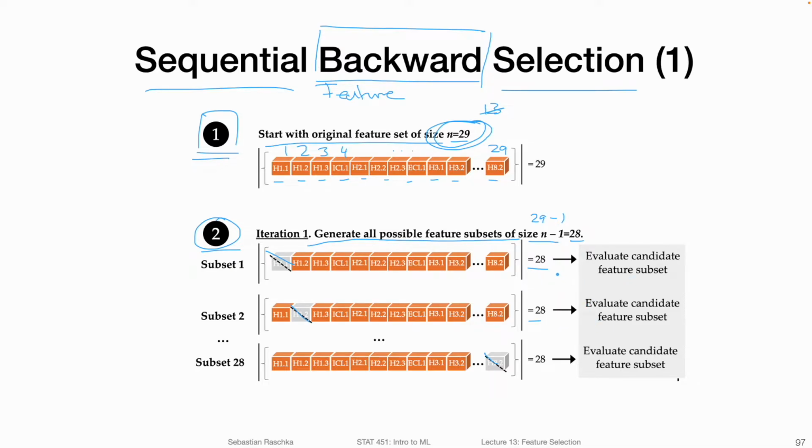Once we have these different subsets, feature subset 1 to 28, we evaluate each candidate feature subset by using, for example, k-fold cross-validation and record the performance of that subset.